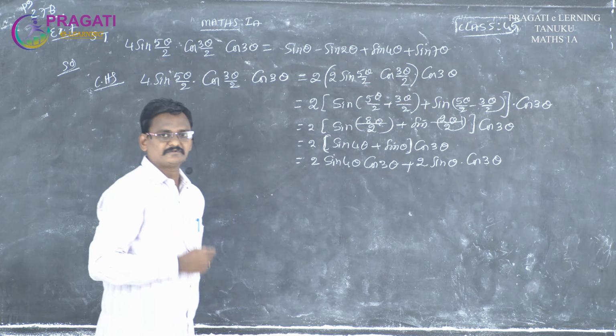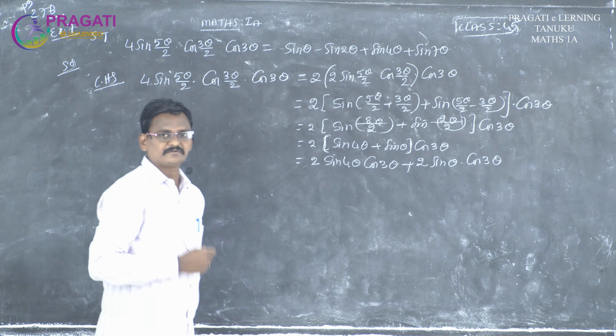Now the second part, that is 2 sin A cos B. This is also the same. The formula is sin(A plus B) plus sin(A minus B). So sin(theta plus 3 theta) plus sin(theta minus 3 theta).